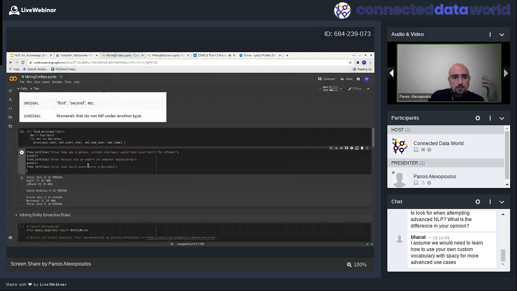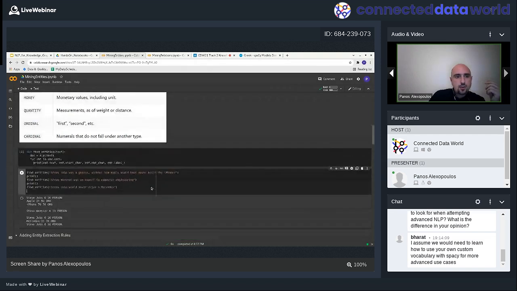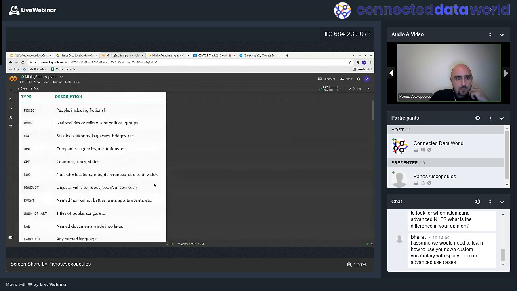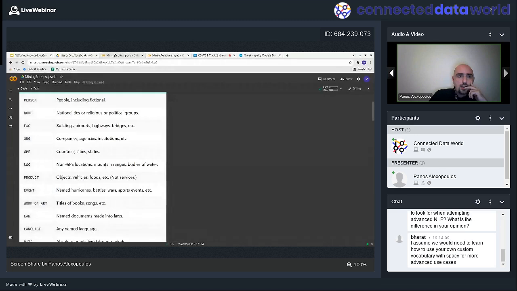Anyway, the main take here is that, remember I said earlier that this is one of the most known systems out there in the market, and you see that already the type of entities that it supports is relatively limited, right? Also the granularity lacks a bit. We can find persons, but we cannot really distinguish between roles of persons.